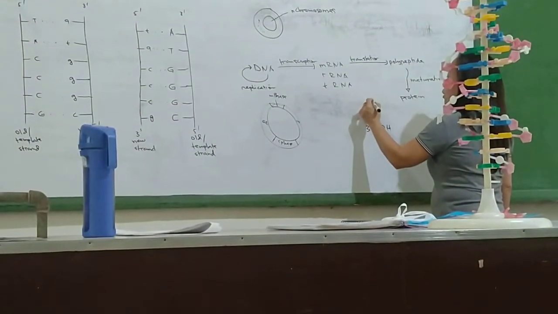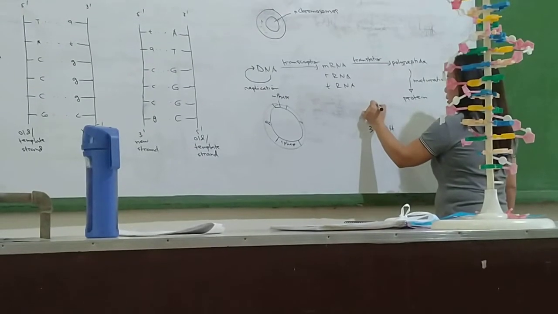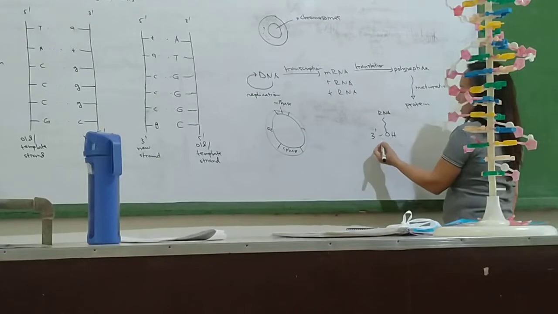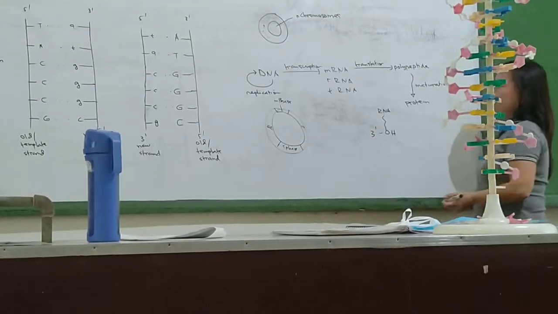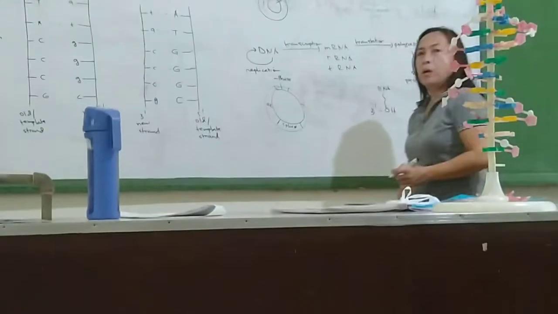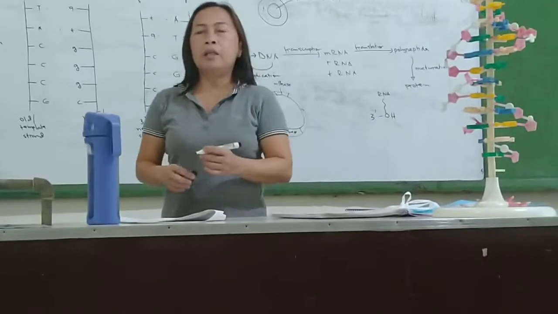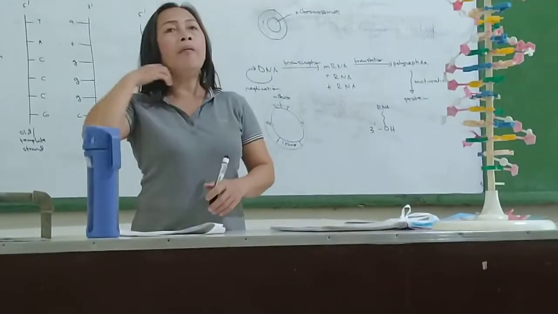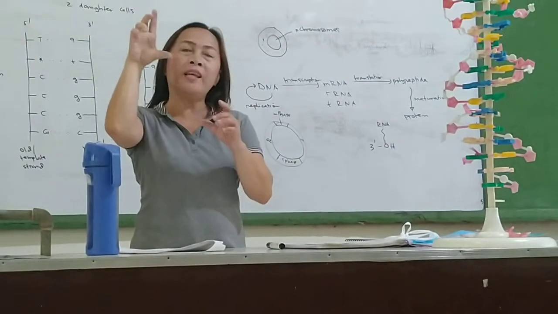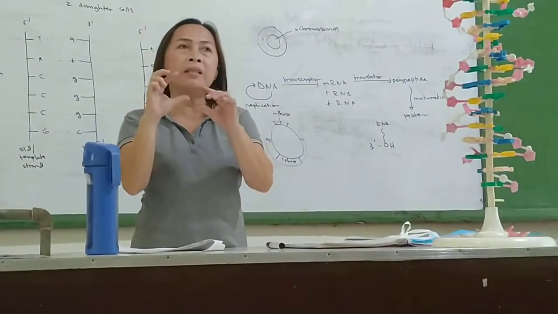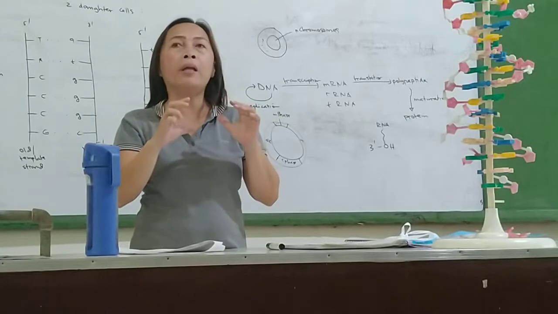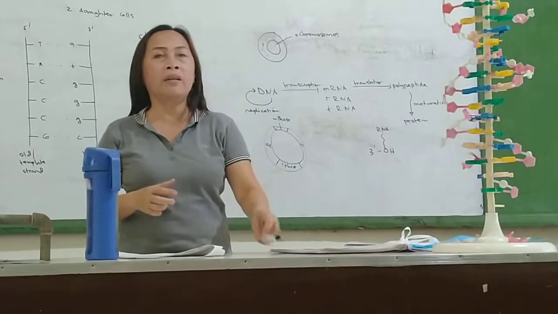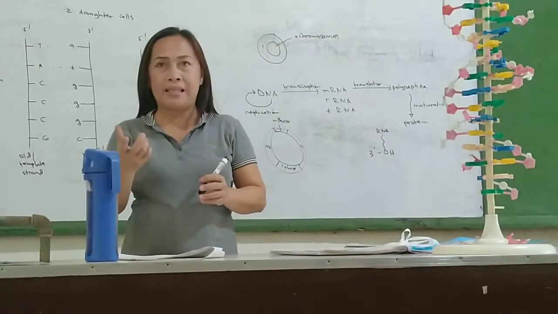So kinahanglan maghimo og small sequence of RNA. So you have now an RNA molecule, a small RNA molecule. Now, we call that the RNA primer. The RNA primer or the short sequence of RNA would be synthesized by the RNA primase. Now, you have another enzyme called the primase.